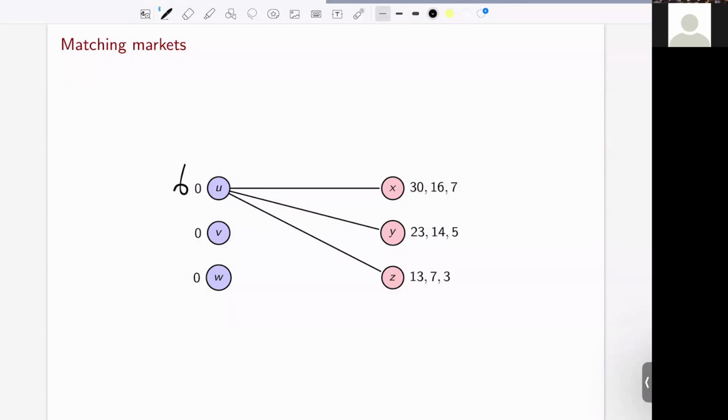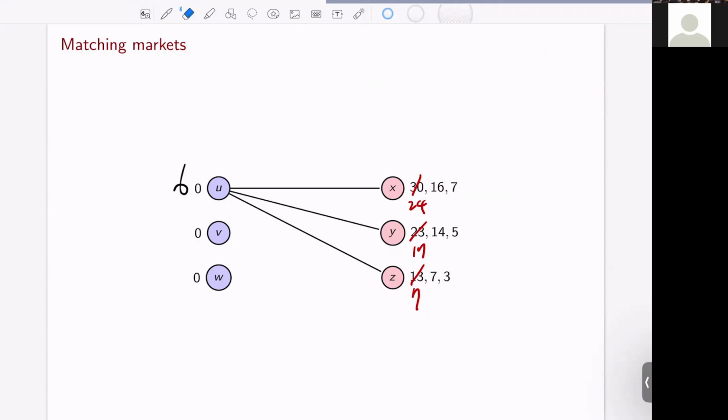Okay. Then the valuation will be 24. This will be 7. And this will be 17. Still, for buyers X and Y, U is the most preferred item.